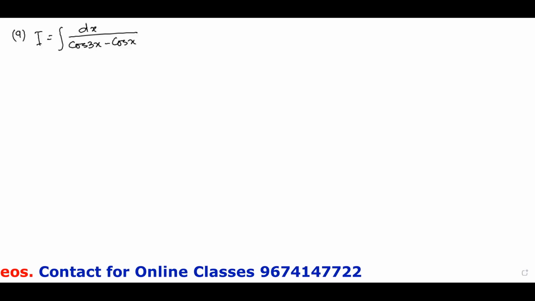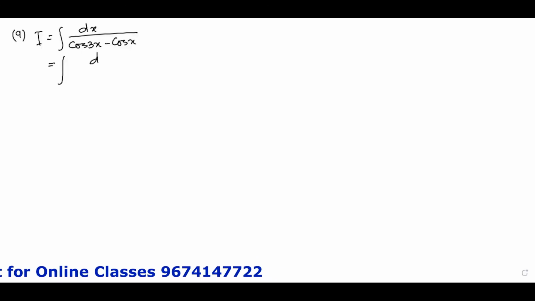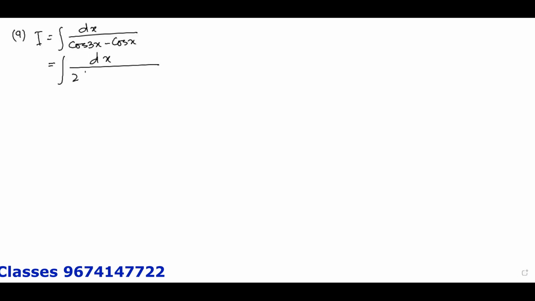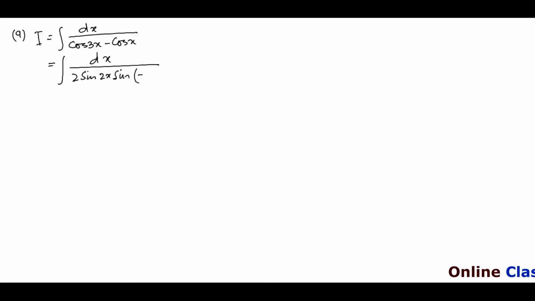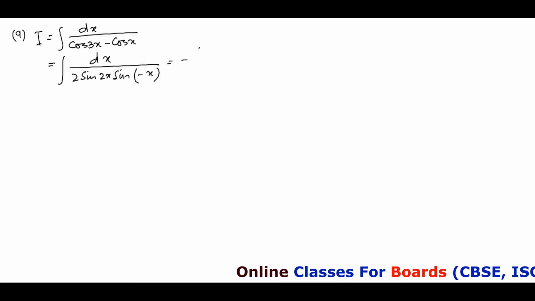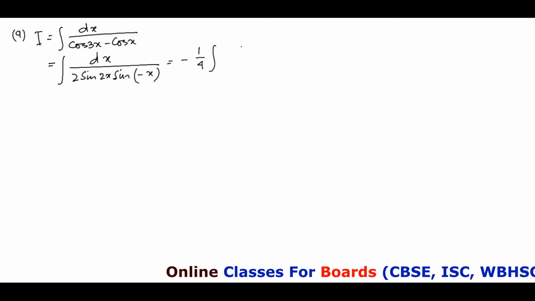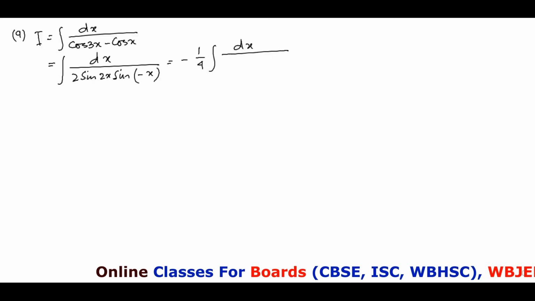Now apply cos c minus cos t formula in the denominator, we are having, so minus will come out. Again breaking this sin 2x as 2 sin x cos x.